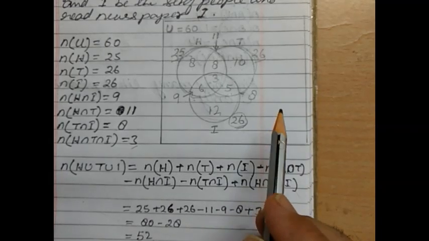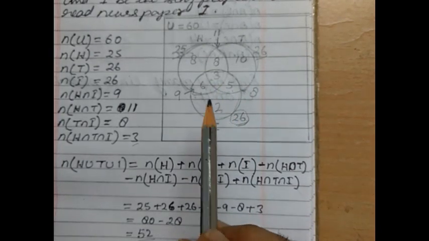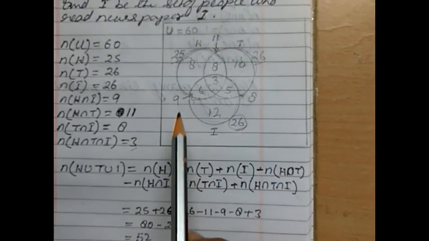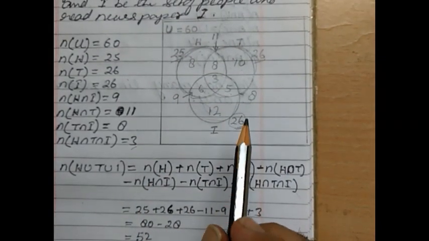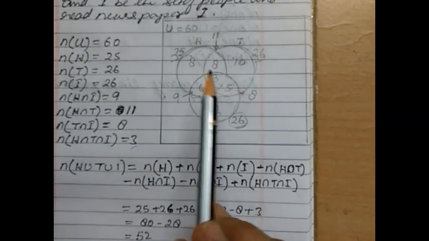With the help of a Venn diagram, we can find the various solutions. Suppose it is asked to find the number of people who read neither of the papers, that means they don't read any of these papers. So what will happen?